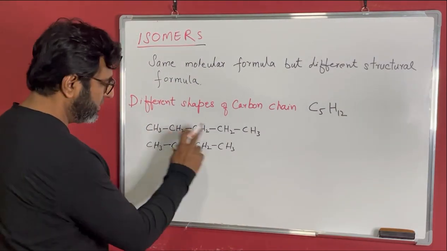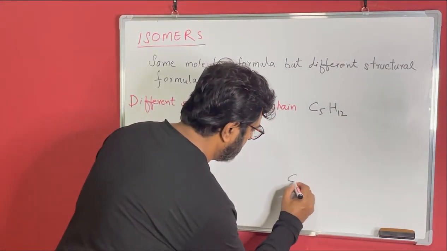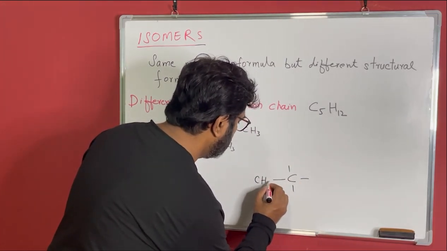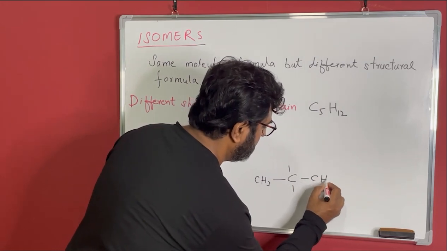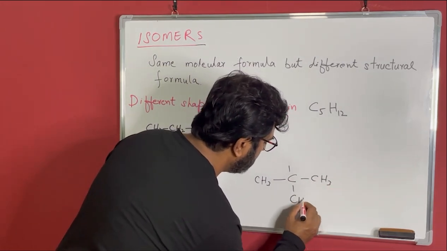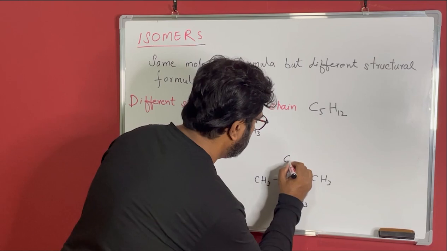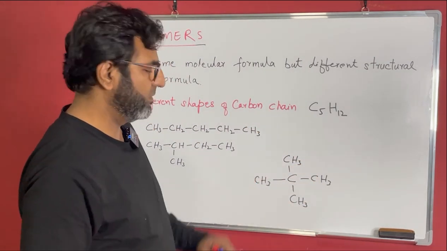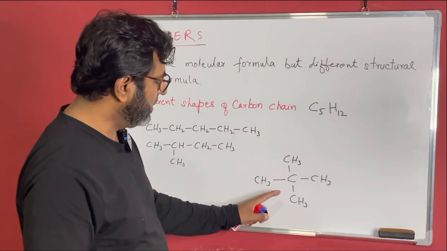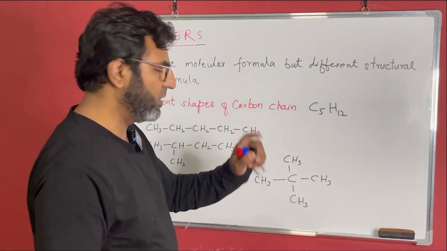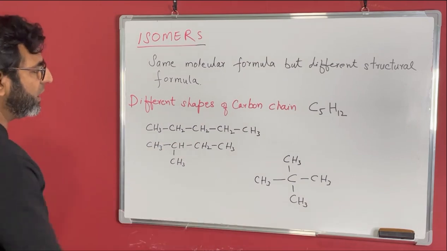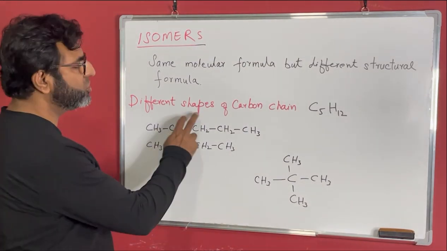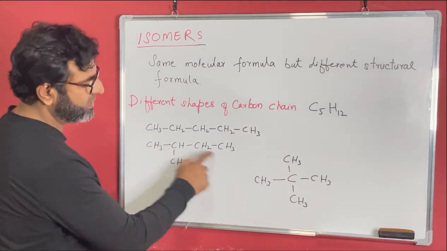So we can write this another way also: carbon and 4 methyl groups connected surrounding the central carbon. So you can see 1, 2, 3, 4, 5 carbons, 3, 3, 6, 3, 9, 3, 12 hydrogens. All 3 of them are isomers, and they are isomers because of the different shape of carbon chain.